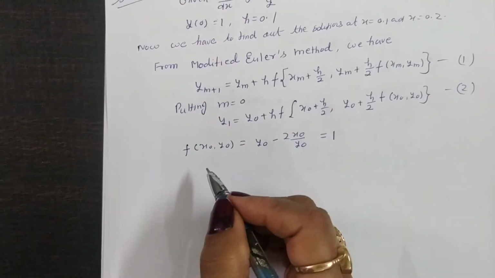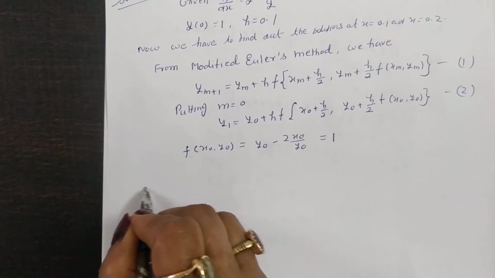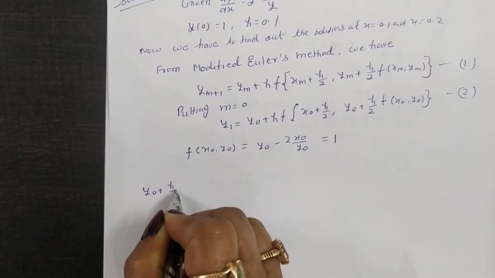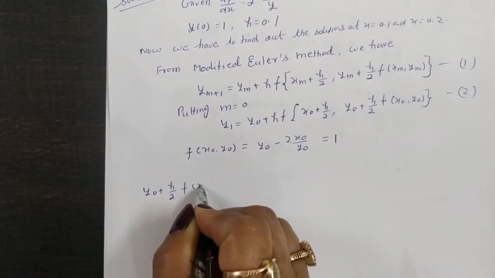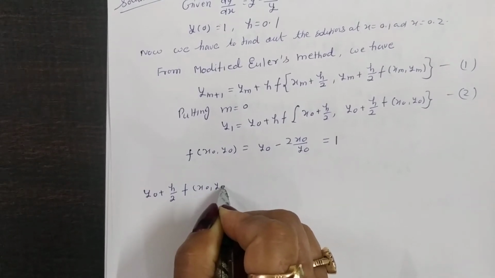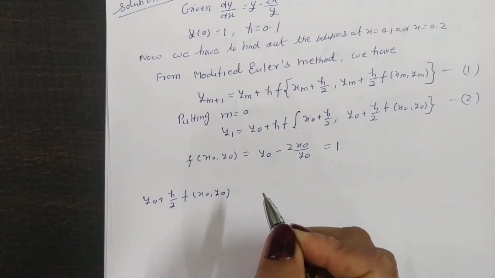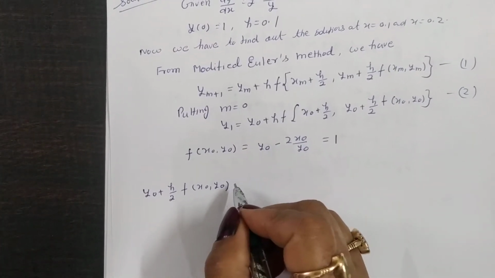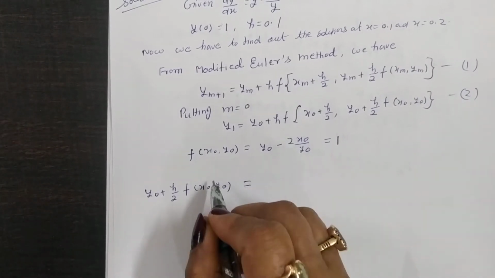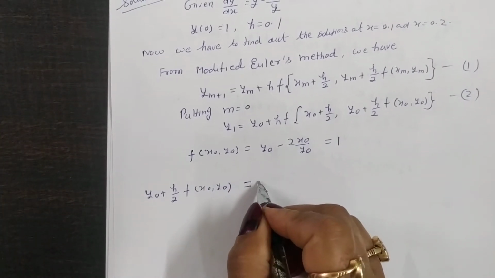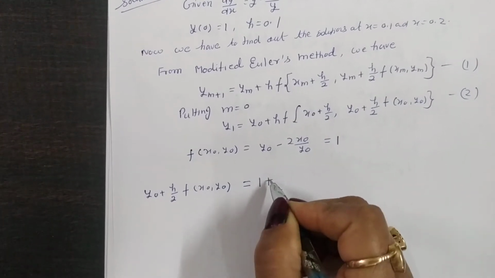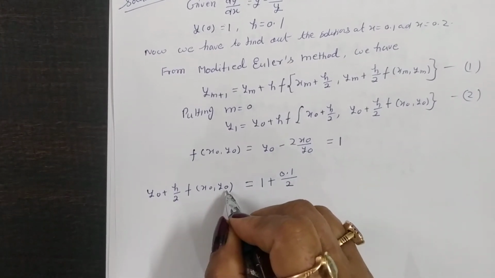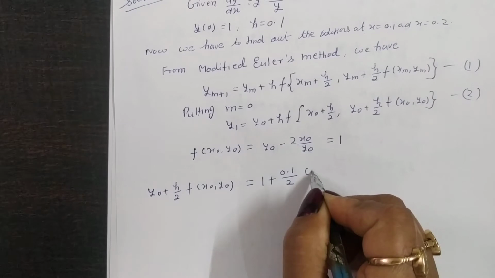So y0 plus h by 2 f of x0 y0, where f of x0 y0 is 1, y0 is 1, plus h, which is 0.1, divided by 2, times 1.